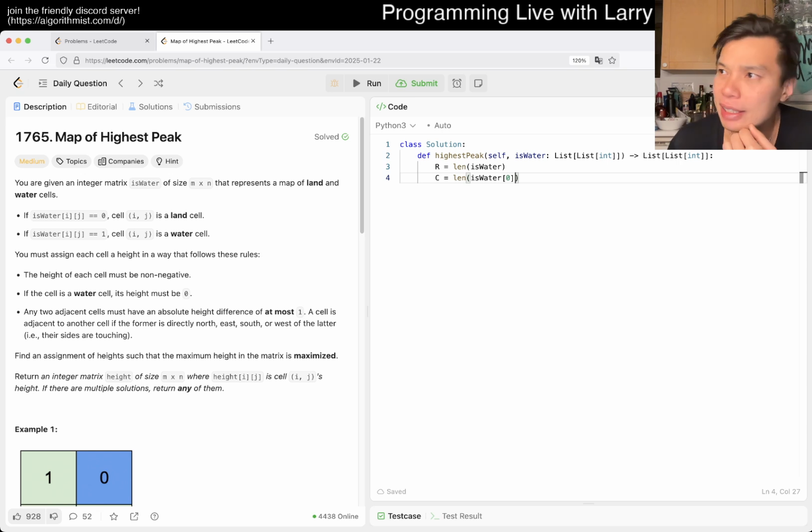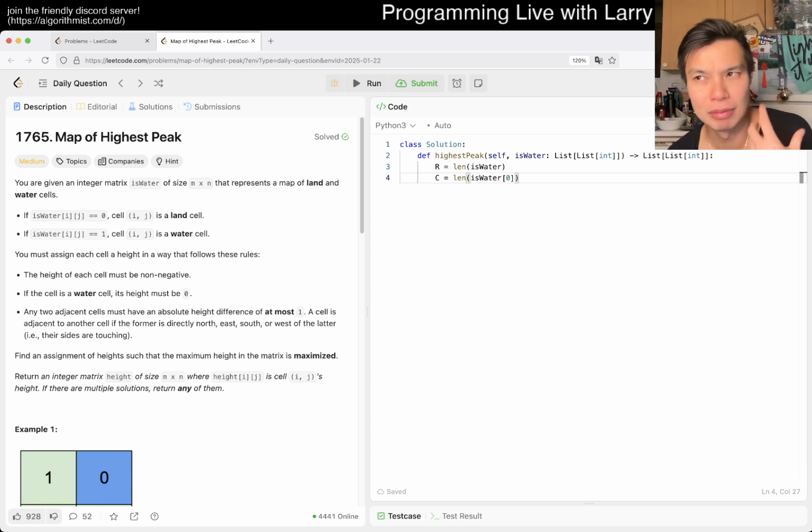Yeah, and then here, the way you can formulate this as a shortest path problem is just asking for each cell, okay, what is the highest that it can be? Well, the highest it can be is just 1 away from all 4 of its neighbors, right? And then there are 2 ways that can happen. One is if it has neighbors that are shorter, and then it has neighbors that are higher, right?